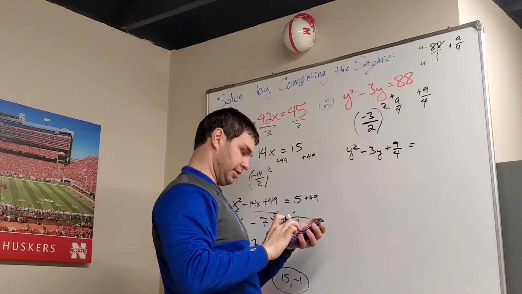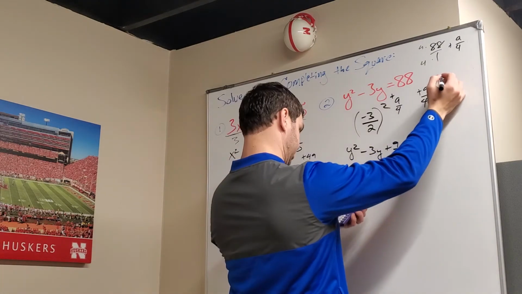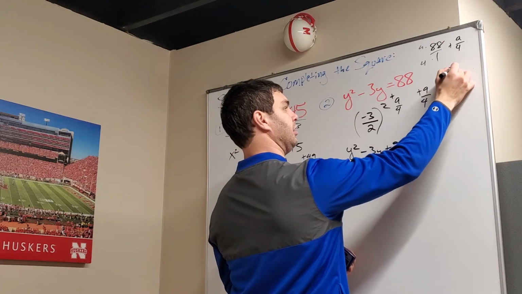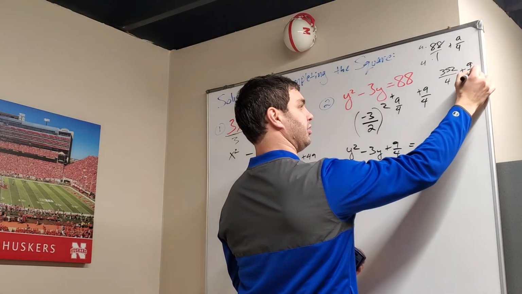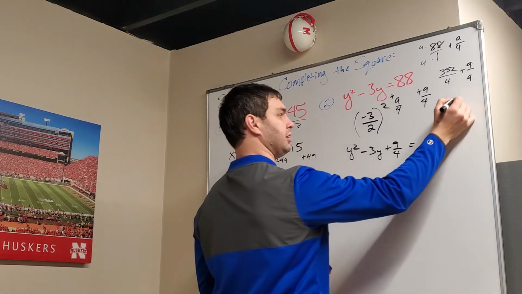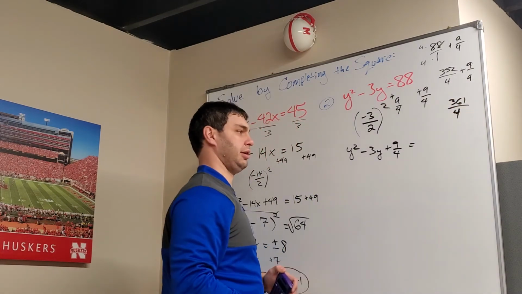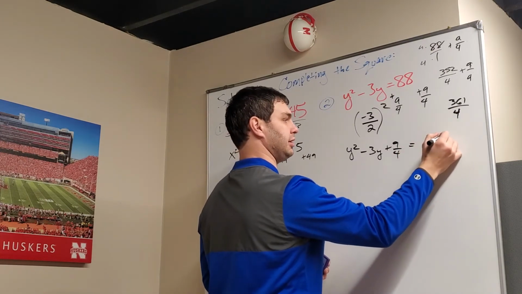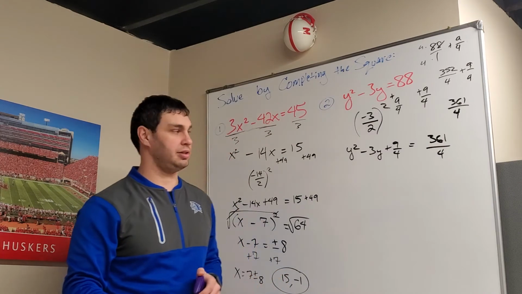I have no idea what that is. 88 times 4 is 352 over 4 plus 9 over 4. So that's 361 over 4. Okay, I guess that's what it is. 361 over 4. It seems kind of ridiculous, but it must turn out good in the end.